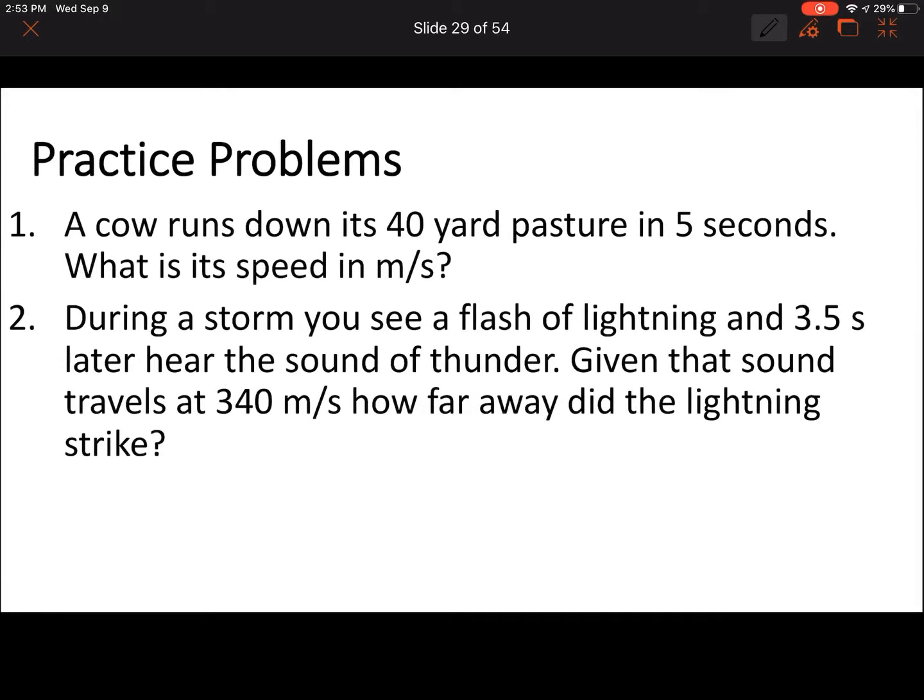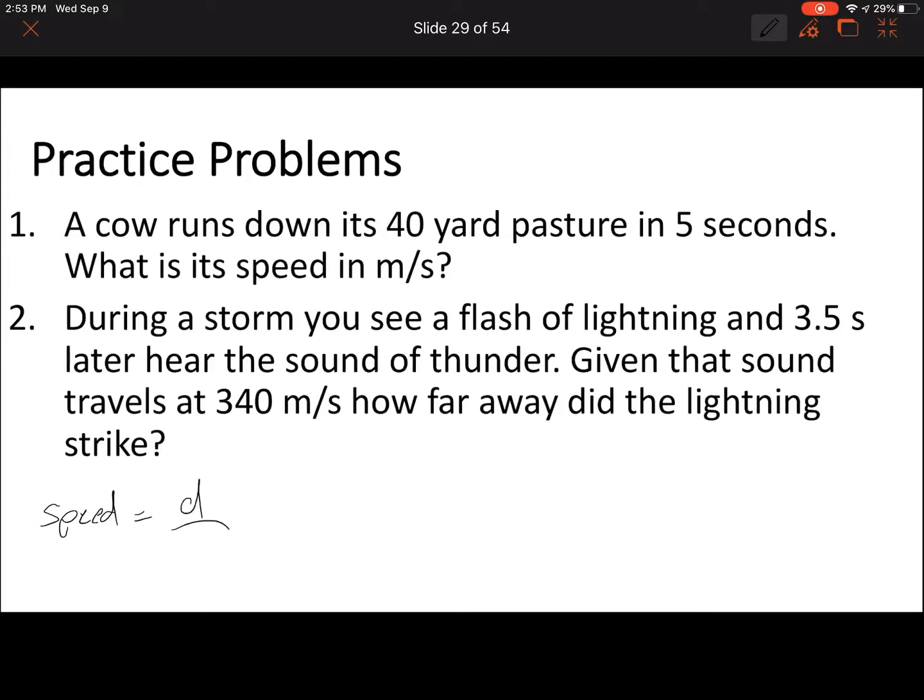So let's do a couple practice problems here. A cow runs down its 40-yard pasture in 5 seconds. What is its speed in meters per second? In meters per second. So go ahead and pause the video and see if you can get this answer. So first thing we want to do is we want to know what is its speed.